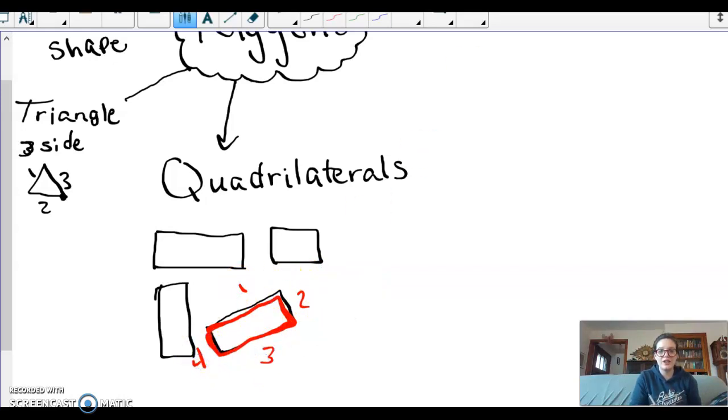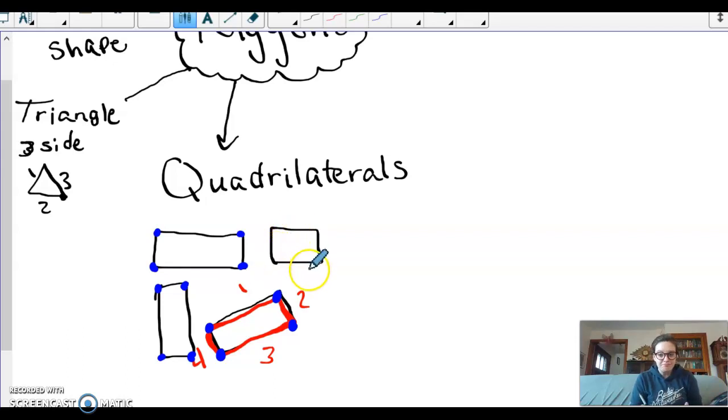And that I have 4 vertices. 1, 2, 3, 4. Those corner pieces. And in every single one of these, I have a corner piece that is 4. 1, 2, 3, 4. 4 spots. 1, 2, 3, 4, where my lines meet and make a corner.